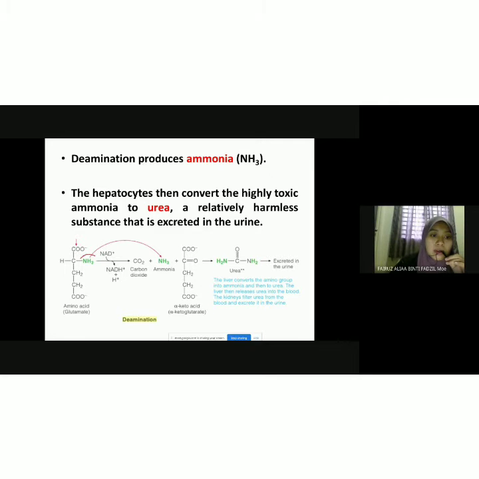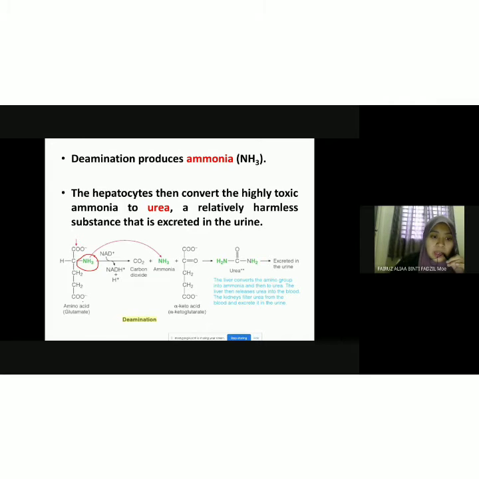This one you can see is ammonia, NH3. But sometimes you will see it shown as NH2. When they remove the NH2, the NH2 will combine with another hydrogen and become ammonia.